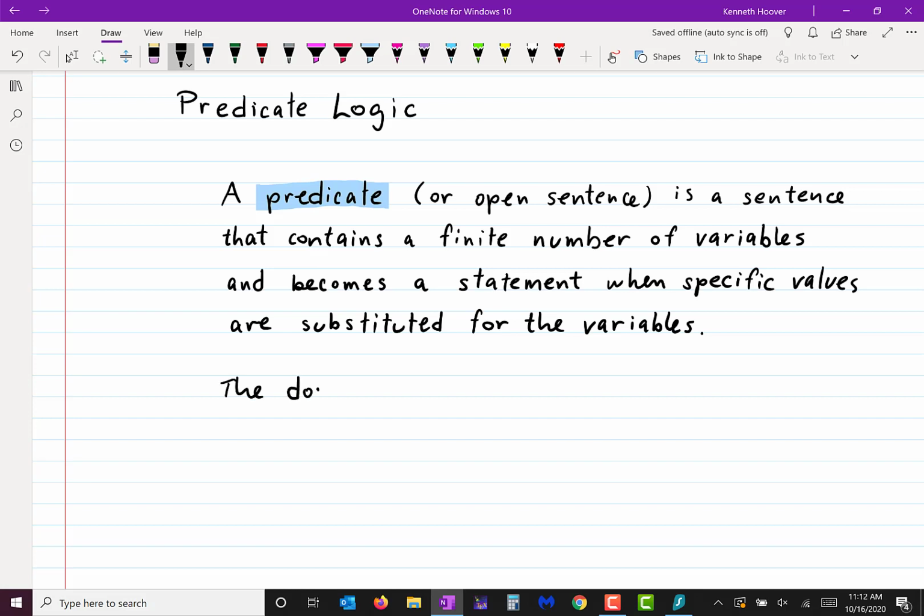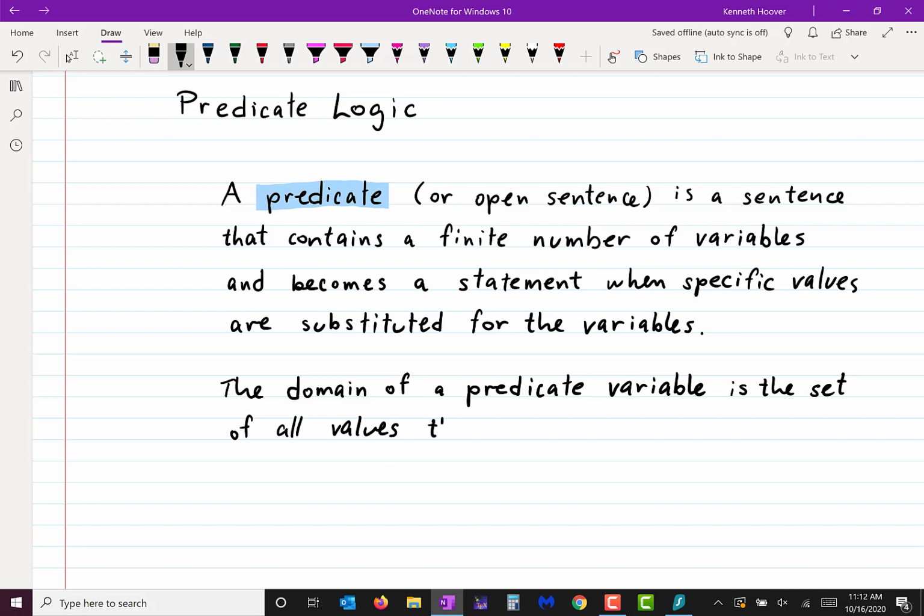The domain of a predicate variable is the set of all values that may be substituted in place of the variable.